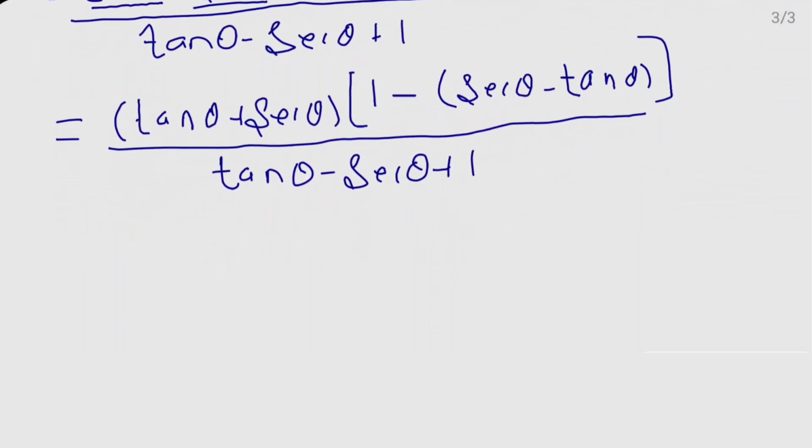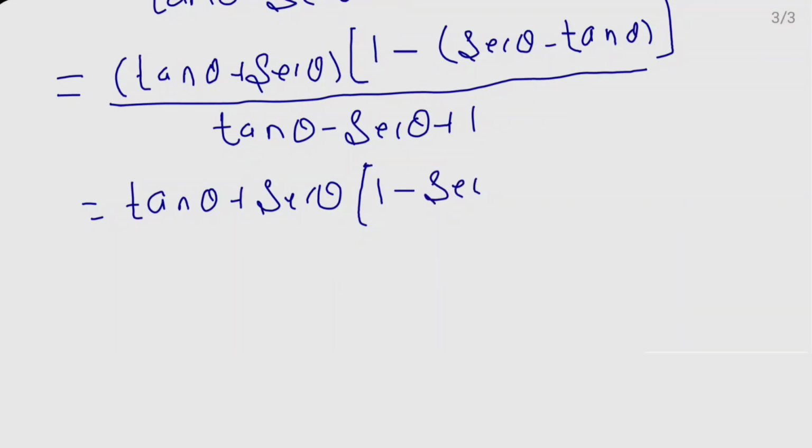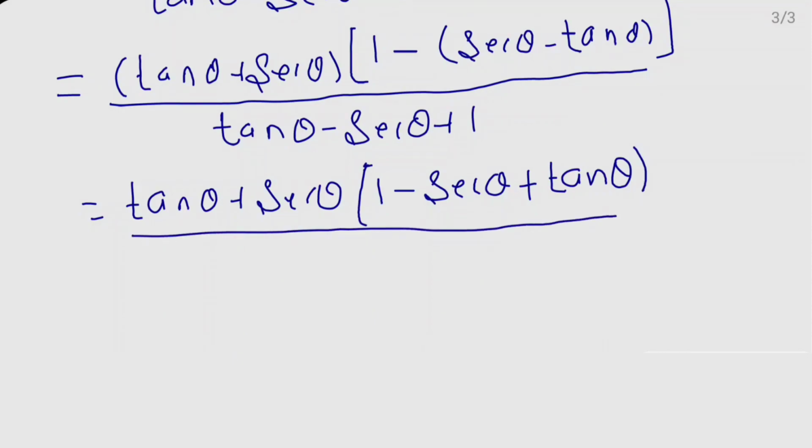And now here tan theta plus sec theta, in the bracket 1 minus into sec theta becomes minus sec theta, and minus into minus tan theta becomes plus tan theta, and this divided by tan theta minus sec theta plus 1.